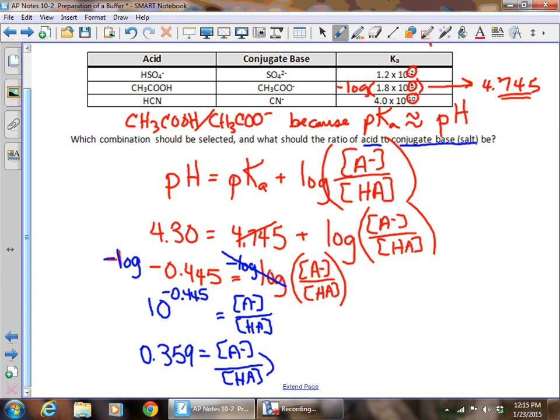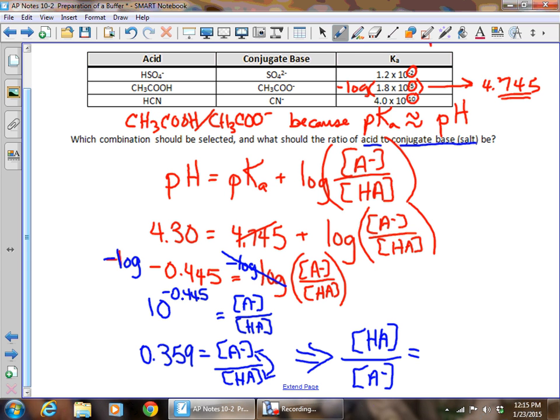So what I need to do is to flip-flop that to get that ratio the way it's stated in the problem. So I need to say that HA is on the top and A minus is on the bottom. I want a ratio of acid to salt. And that's the way it's phrased. Acid to salt means acid's on the top, salt's on the bottom.